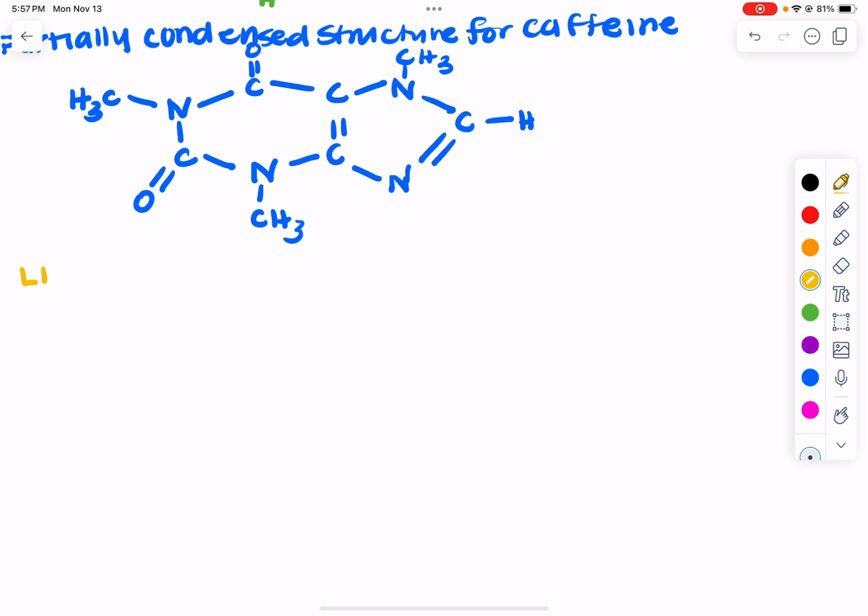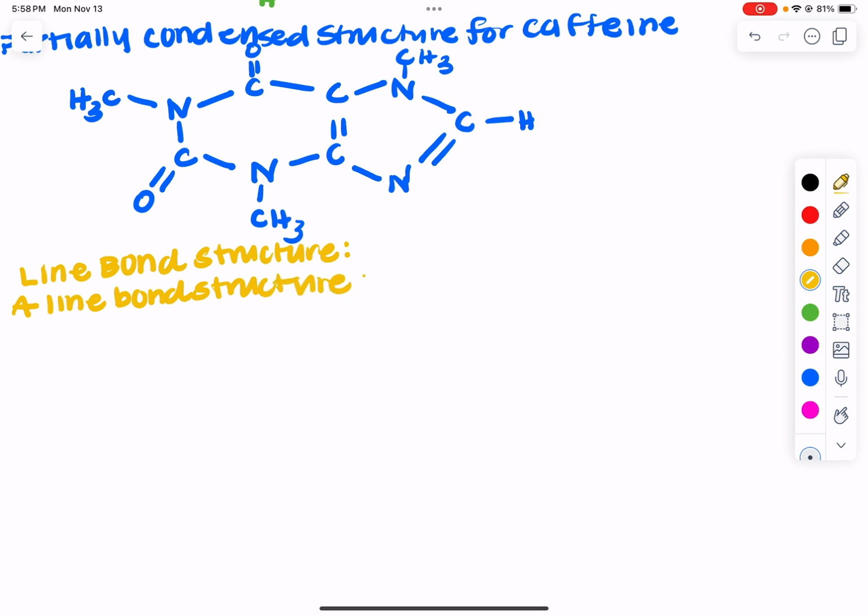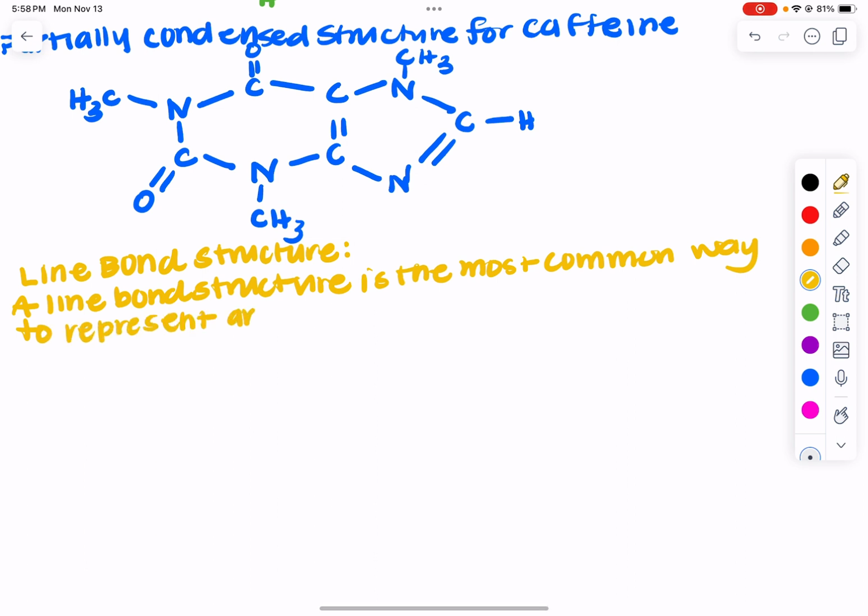This is where we use what's called line bond structures. They look really cool, but they also have a lot of meaning in the shorthand. A line bond structure is the most common way to represent an organic molecule or compound, whatever you want to call it.